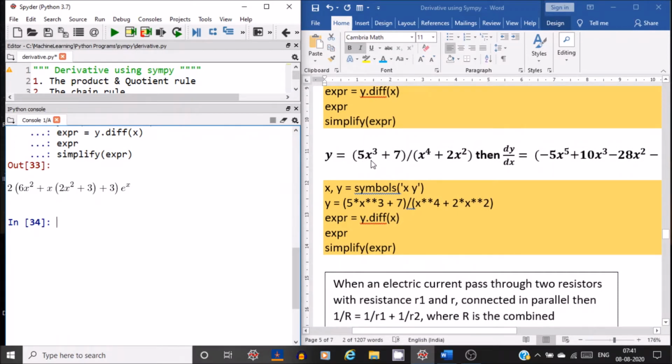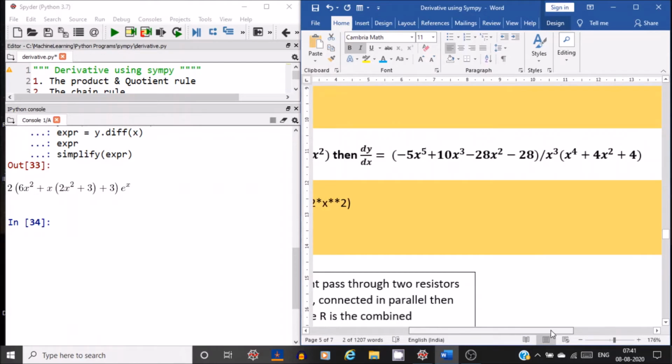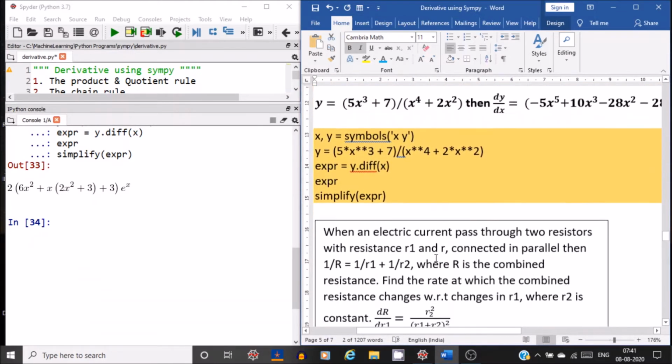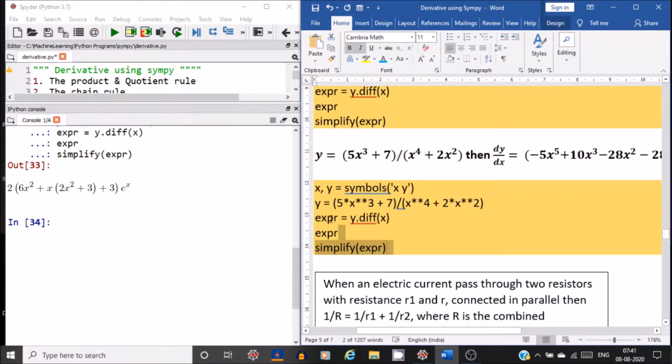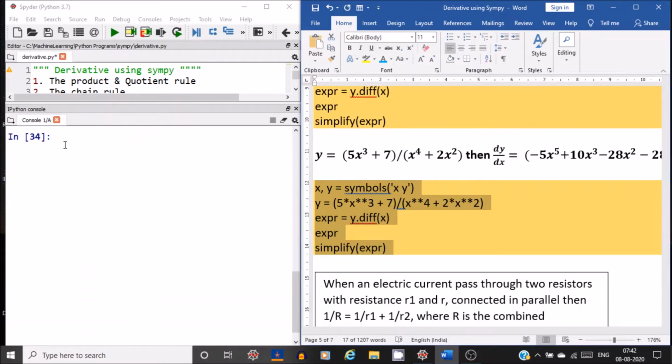Say y is equal to x to the power cube plus 7 by x to the power 4 plus 2x square. Then we have to identify dy dx. So this is the answer of dy dx. To do this, you have to execute these lines. You can take it and paste it, and you can see the result.